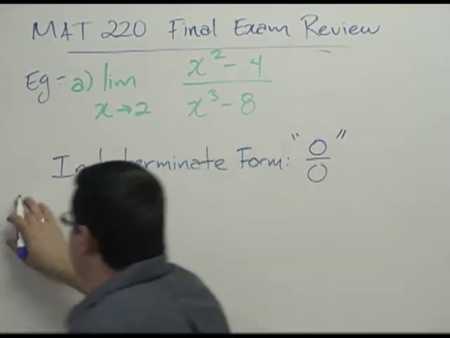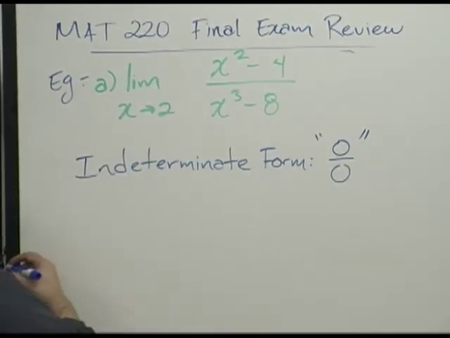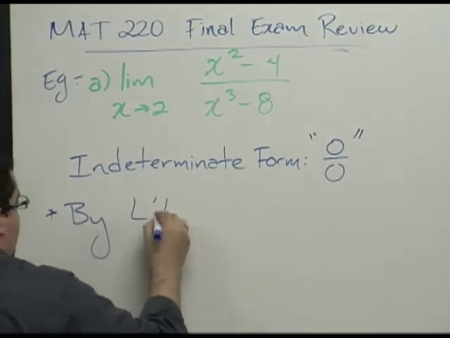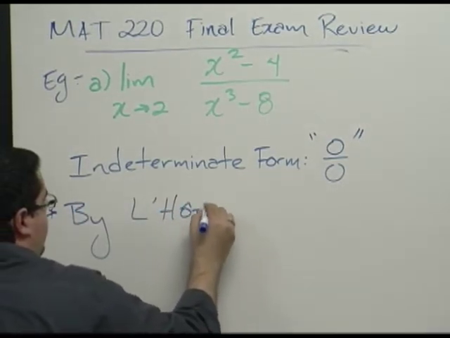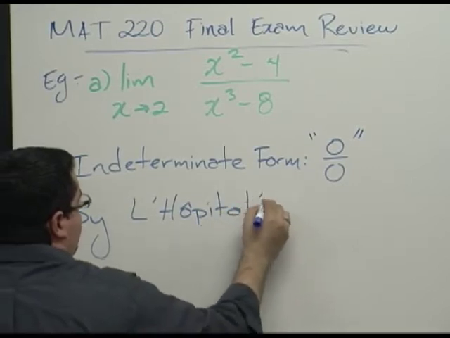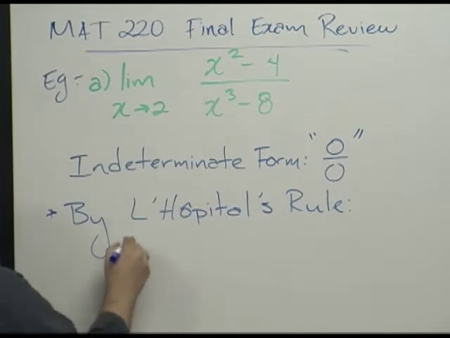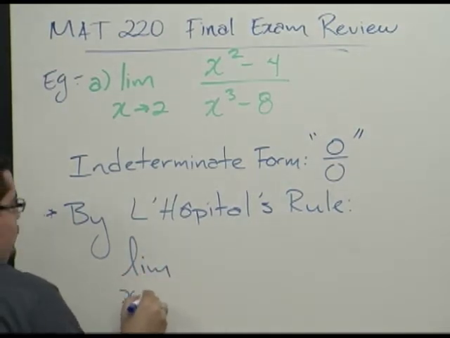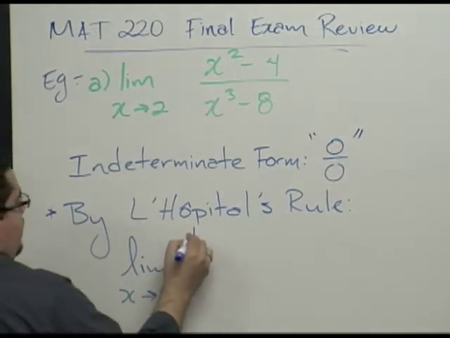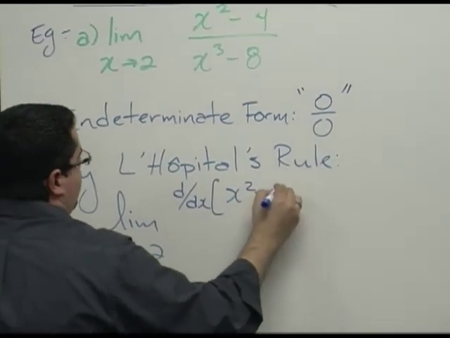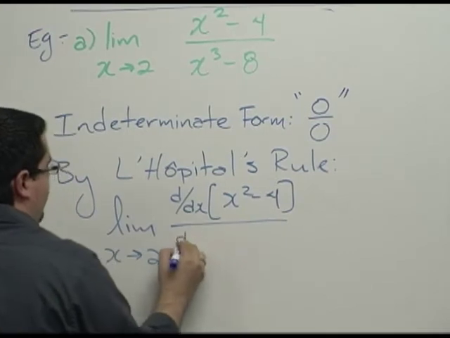So according to L'Hopital's rule, you're looking at the limit as x goes to 2 of the derivative of the top divided by the derivative of the bottom.